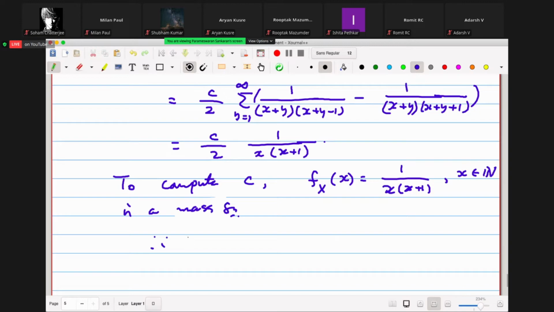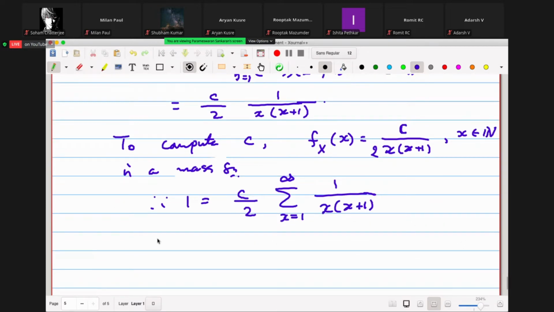Therefore 1 is equal to c by 2 times the summation, x going from 1 to infinity, of 1 by x times (x plus 1). Now this also can be expressed as a difference of two things.